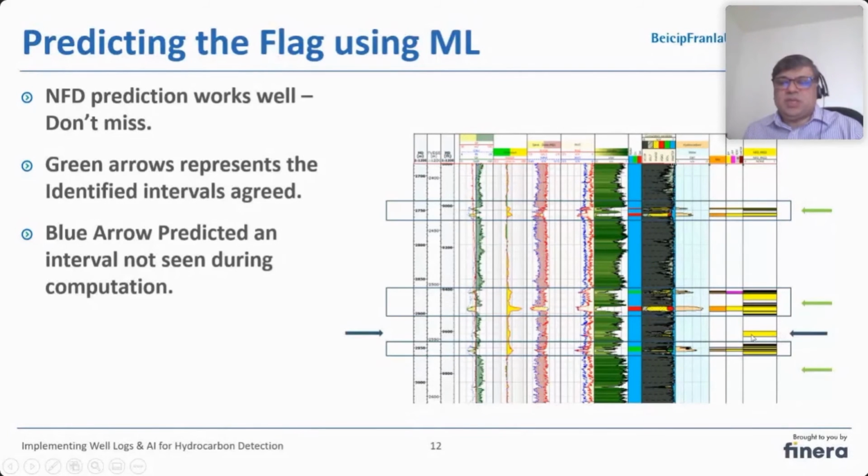But this yellow part, marked with the blue arrow, is predicted by the machine learning but not by the SMEs. That's not bad actually, because the SMEs can look into the details and understand why it was predicted, and they may reject it or accept it.